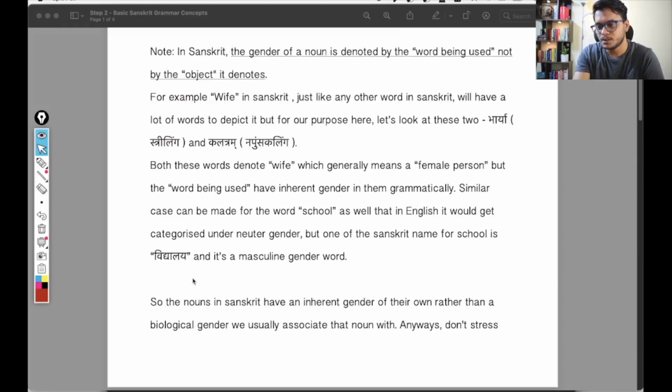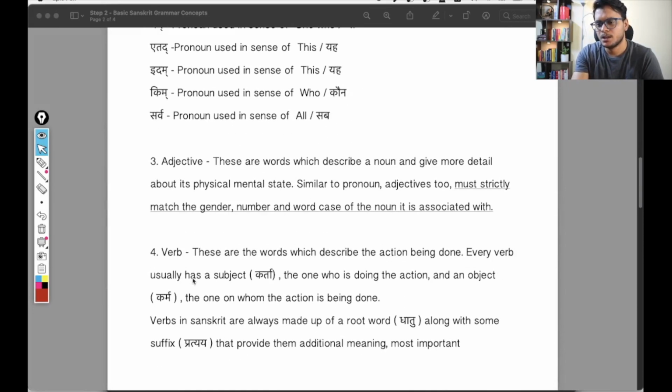It is okay if you only remember 20% or 10% of it, because once we actually use it while decoding actual Sanskrit text, with repetition and more usage, all those grammatical concepts register in your mind and start to make sense within the context. So don't worry about it now, just be aware of it. Okay, let's move forward.